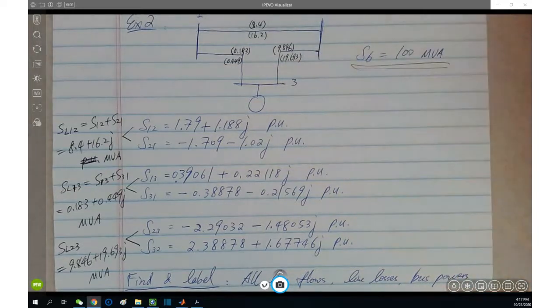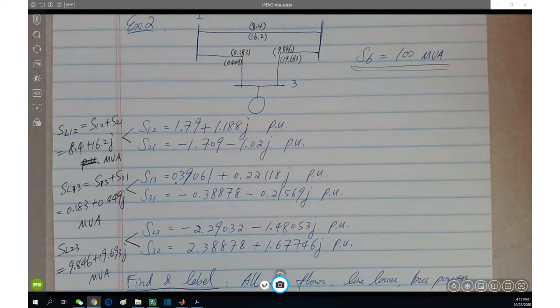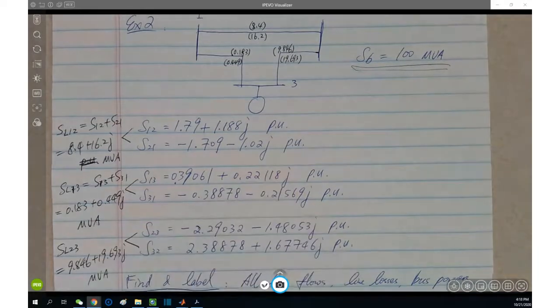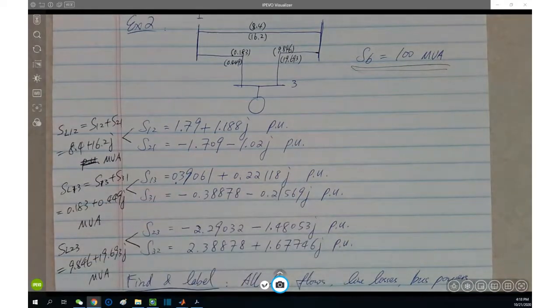Three line loss. Can't we denote the complex part with a J, or does it have to be left? No, no J. No J here. Of course, if you label it J, theoretically it is not wrong. I agree with that.